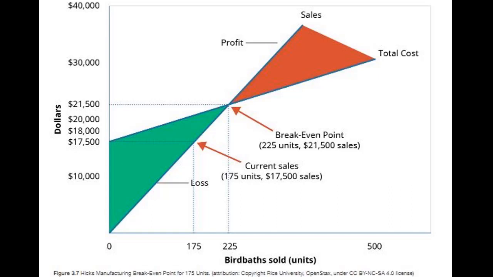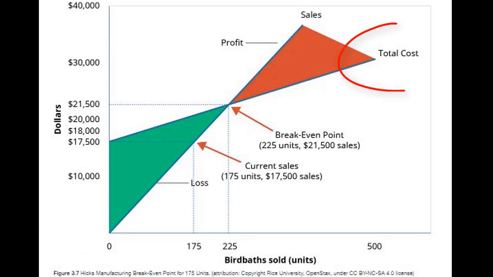As you see in figure 3.7, the x-axis shows you volume of units sold, and the y-axis shows you money or dollars. When you first start your business and you haven't sold much, you are on the far left side of this chart.